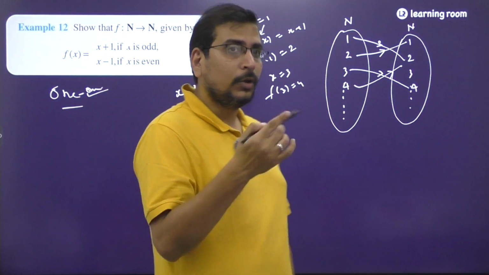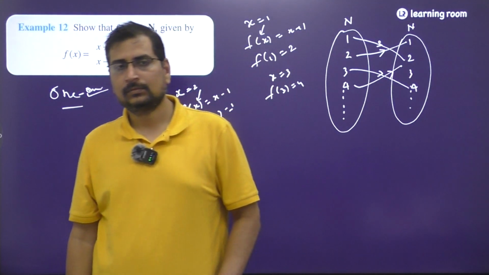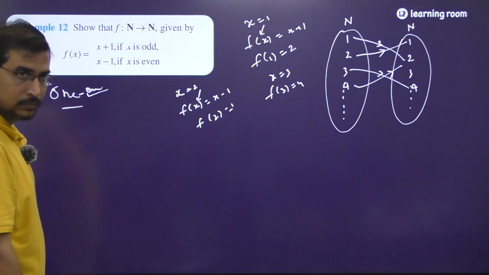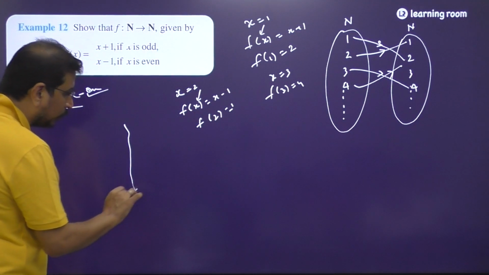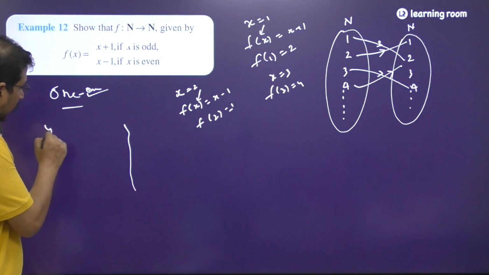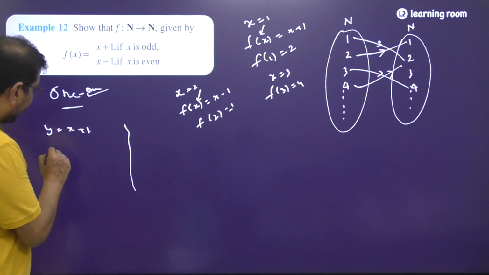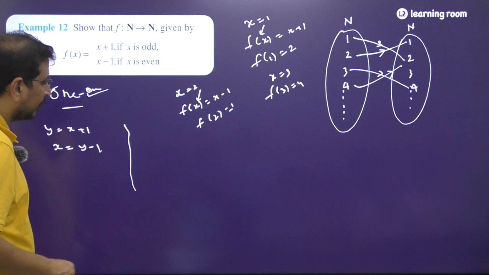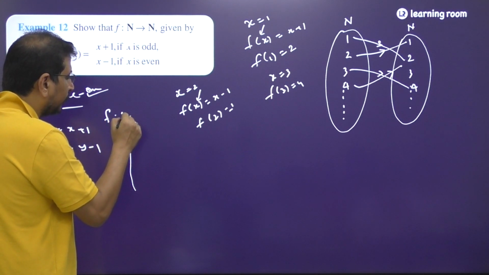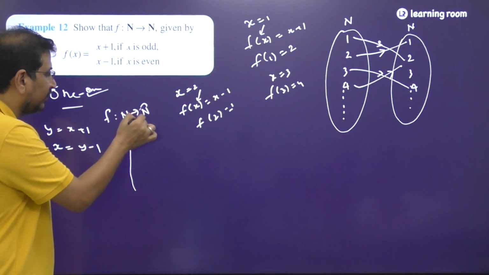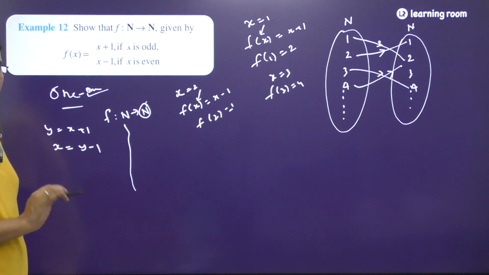Now, what about onto? For onto, I'll take y is equal to x plus 1. Then x will be equal to y minus 1. F is a function mapped from N to N. In this scenario, I am not bothered about even or odd.